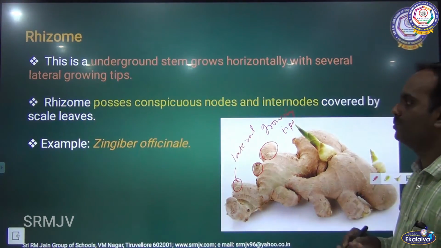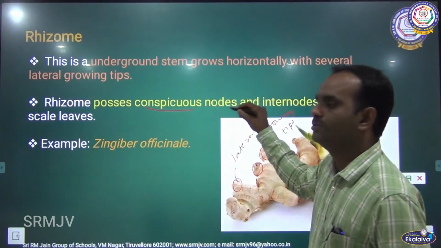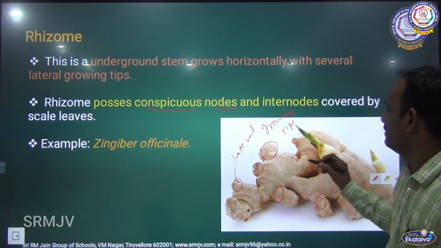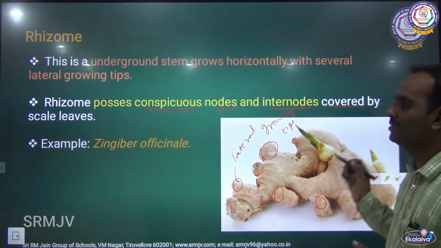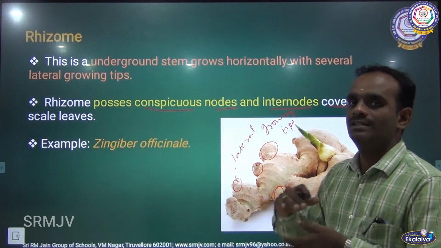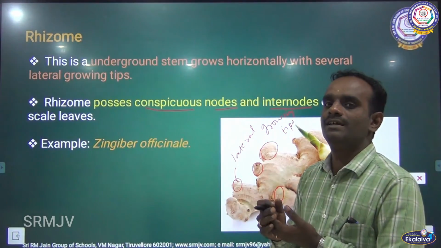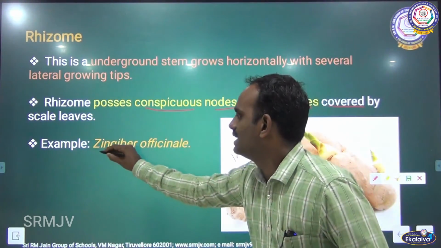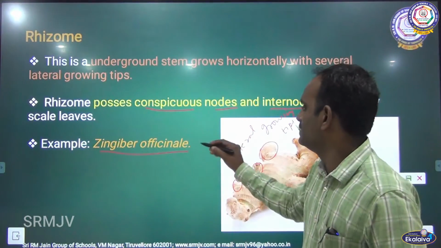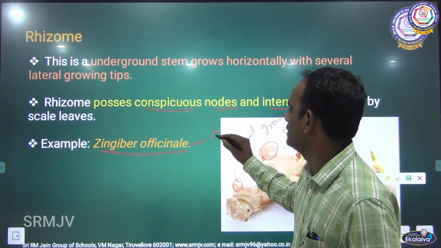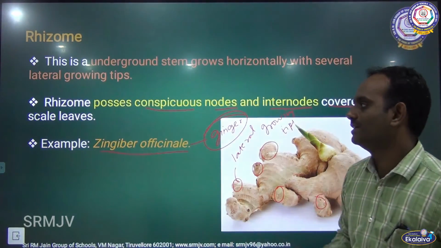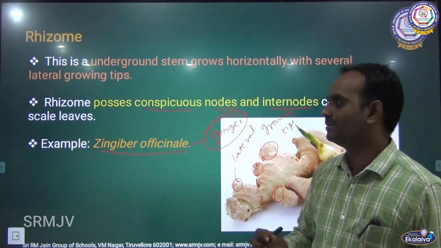Rhizome possesses conspicuous nodes, very clear nodes, and then internodes covered by scale leaves. Usually the outer scale leaves are very dry and the inner ones are fleshy. Example is Zingiber officinalis. Zingiber officinalis is ginger, very important.